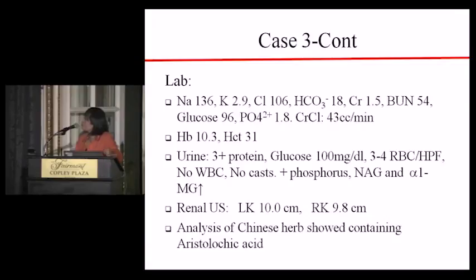Laboratories show low potassium, low bicarb, elevated creatinine, low phosphorus, and anemia. Urine analysis shows a Fanconi pattern, and ultrasound still shows normal kidney size. The chemical analysis of her Chinese herbal medicine shows it was contaminated by aristolochic acid.